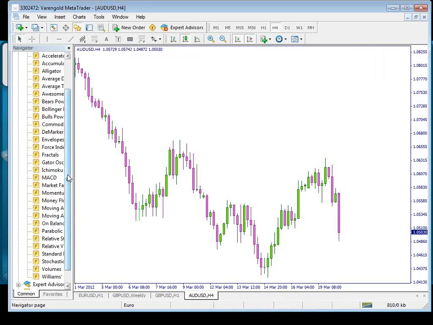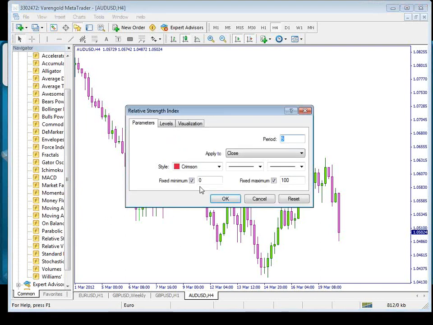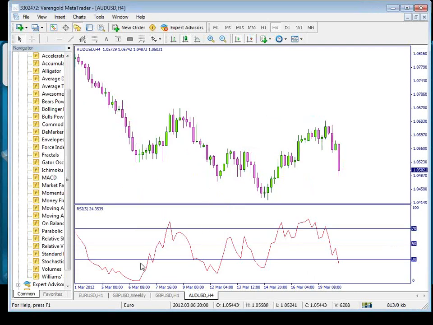We can plot it from the Navigator, and on the left side we can find Relative Strength Index. We just drag and drop it to the window with candles, and we have the RSI.